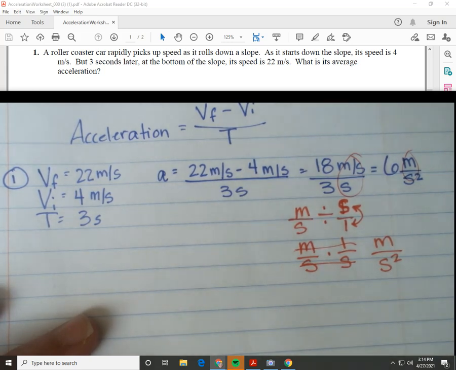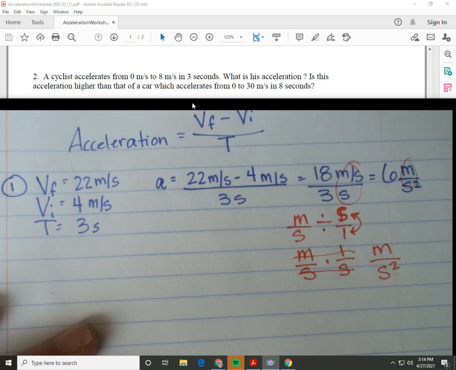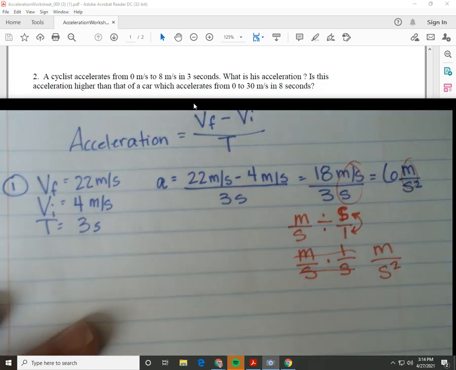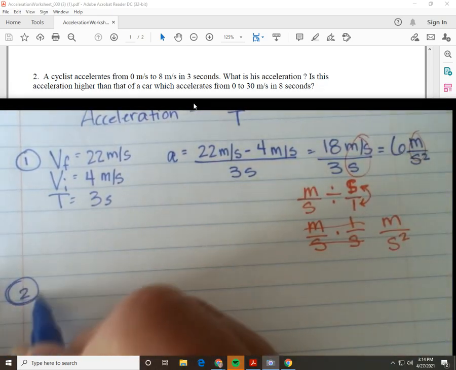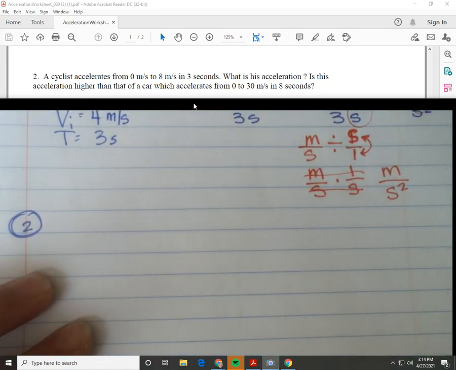All right, let's look at number 2 on the worksheet problem. A cyclist accelerates from 0 meters per second to 8 meters per second in 3 seconds. What is his acceleration? So that's the first part of the question. Is this acceleration higher than that of a car which accelerates from 0 to 30 meters per second in 8 seconds?